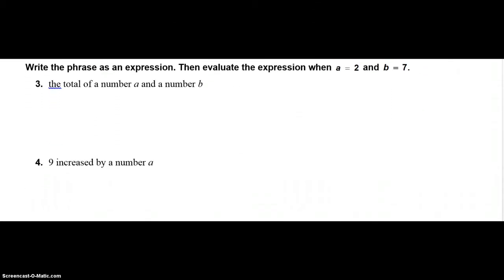Number 3 and 4 say to write the phrase as an expression, then evaluate. That's the key part there. We have to write this phrase as an expression first, and then we evaluate the expression when A is 2 and B is 7.